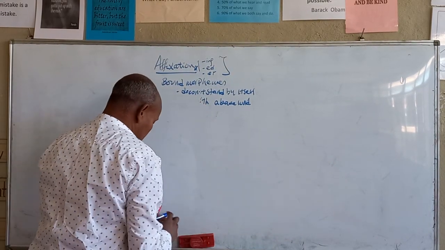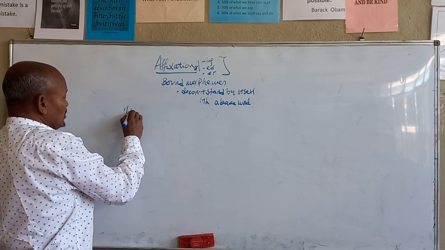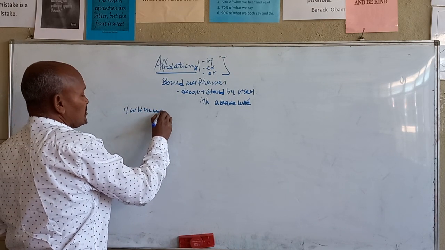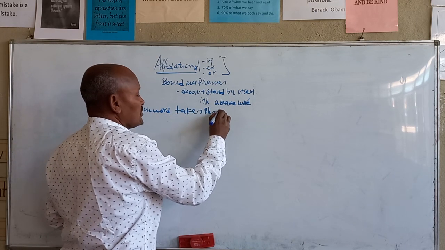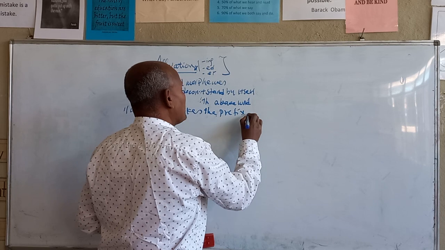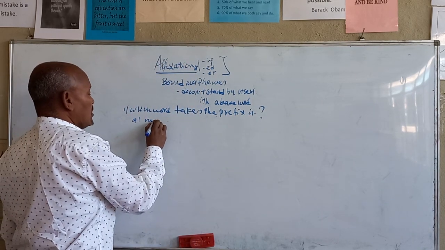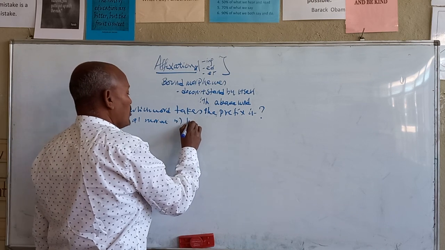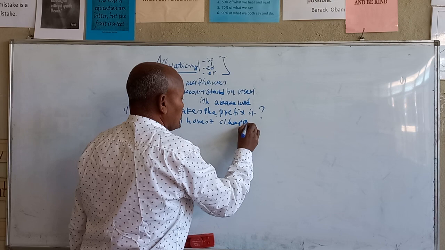Great. Here, which word takes the prefix ill? Question: A, moral; B, honest; C, happy; D, legal. This is a kind of question, yeah?